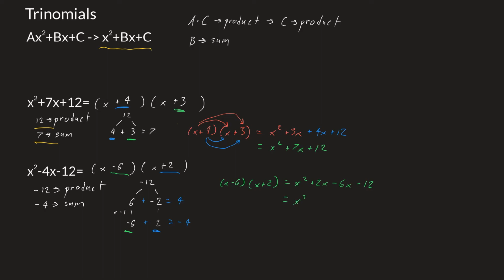So plus 2x minus 6x gives us a negative 4x and then minus 12. And that matches up exactly with what we started. Let's end on a general note: you can't take any shortcuts with these things. You just have to know the basics and do a lot.